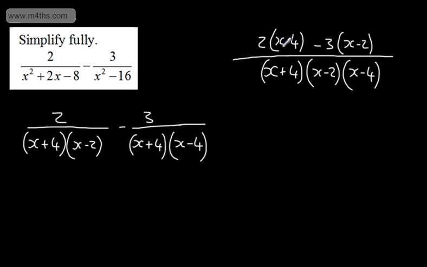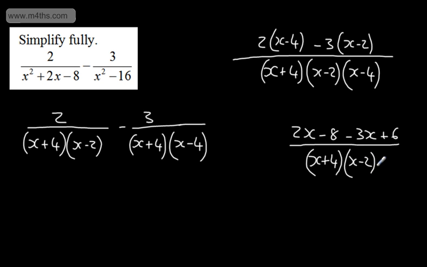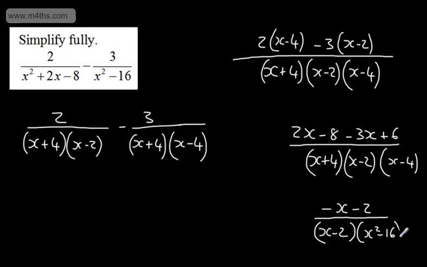So we're going to have now in the numerator 2x minus 8, be careful here, minus 3x plus 6, all over our common denominator of x plus 4 multiplied by x minus 2 multiplied by x minus 4. If we look here, we're going to have minus x, and then minus 2, and that is going to be written now over x minus 2, if we like, multiplied by x squared minus 16.